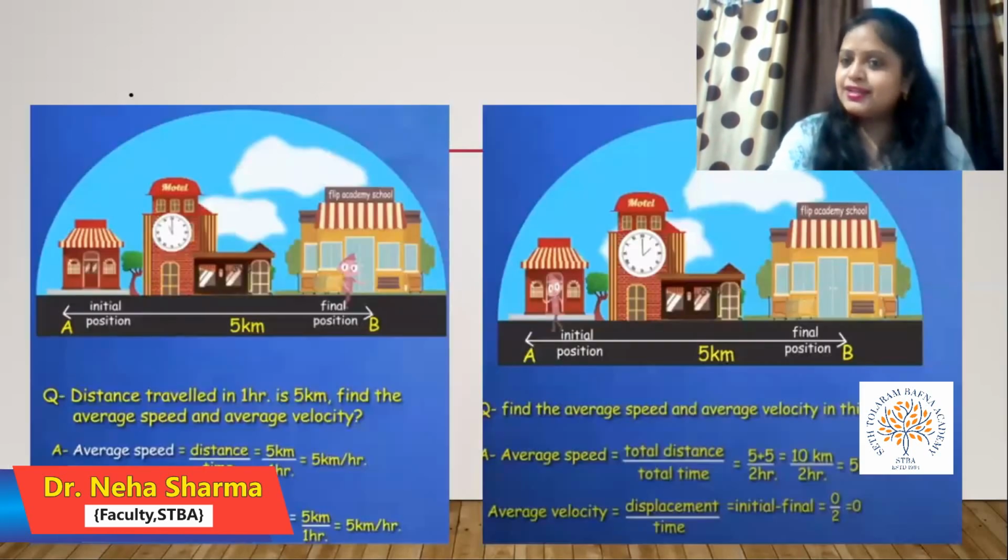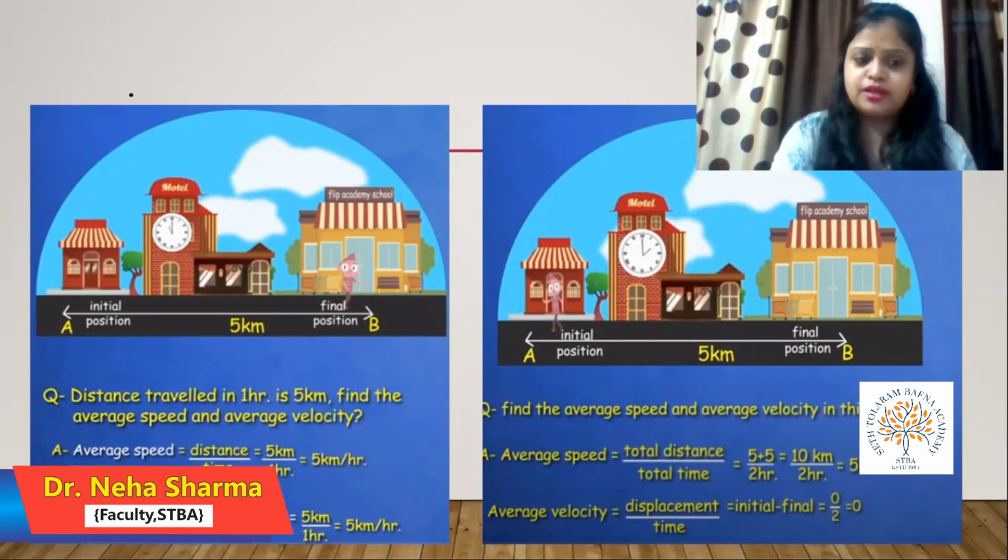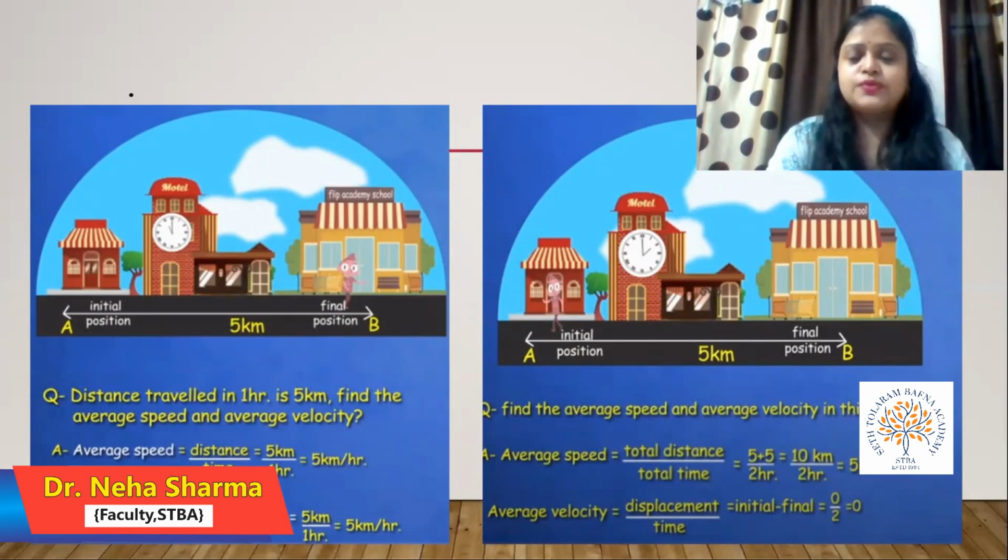To understand the difference between average speed and average velocity, I am taking one more example. In the left picture, a student is moving from home to school, point A to point B. The distance is 5 kilometers and it takes approximately 1 hour. We have to find the average speed and average velocity.